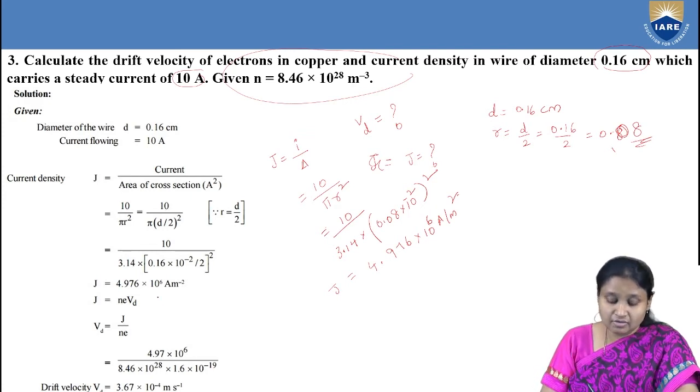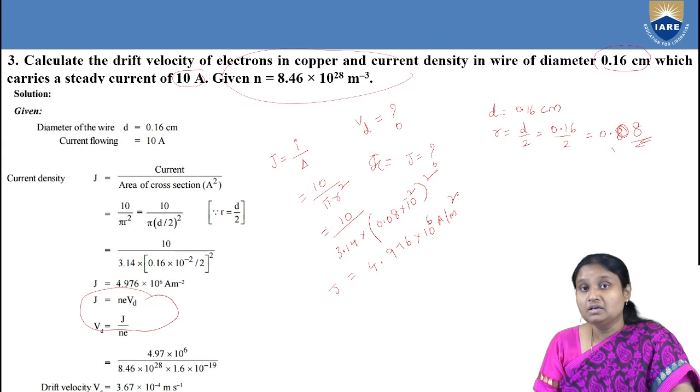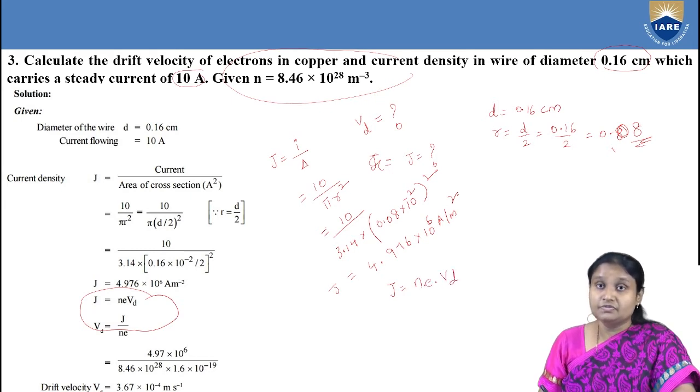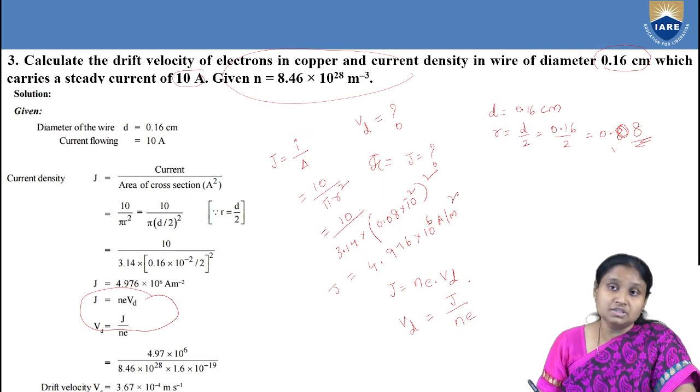Now we need to find the drift velocity. For that, we come across a new formula. There is a relation between current density and drift velocity. Current density is generally given as n e into drift velocity. So from this, how can I get my drift velocity? It is simply the ratio of current density to the product of carrier concentration into charge of electron. What is the value of current density?